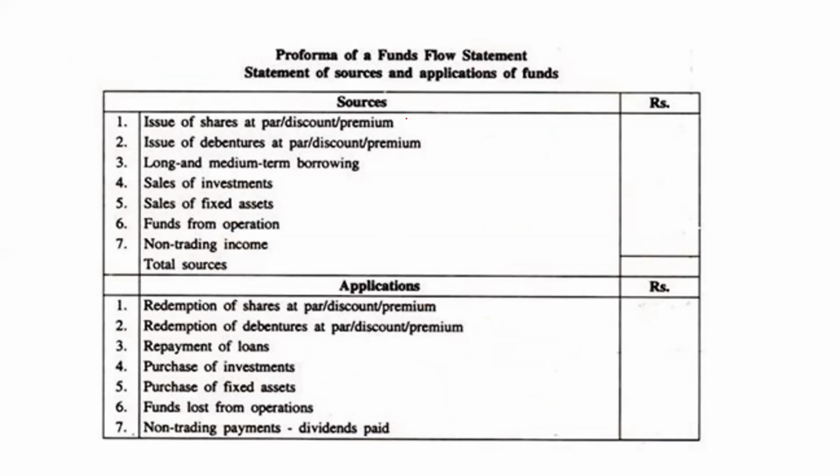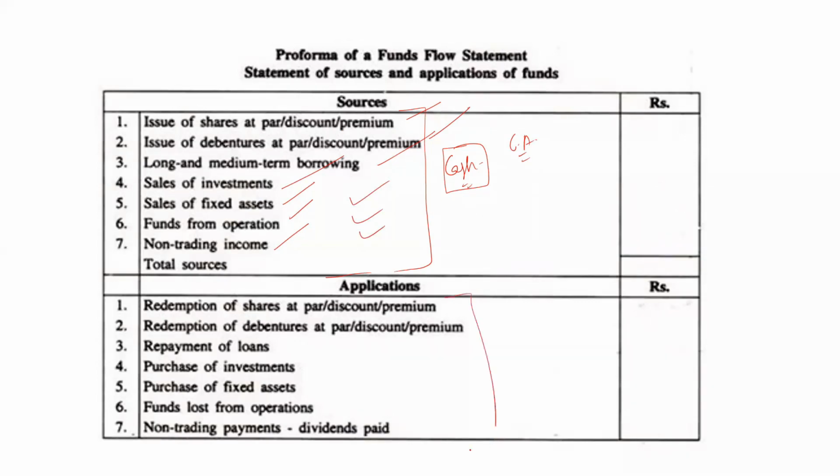So from issue of shares you can get money, issue of debenture you can get money, from borrowings you can get money, sale of investment you can get money. So in the debit side you are affecting a current asset, and on the credit side you are affecting a non-current asset or liability.